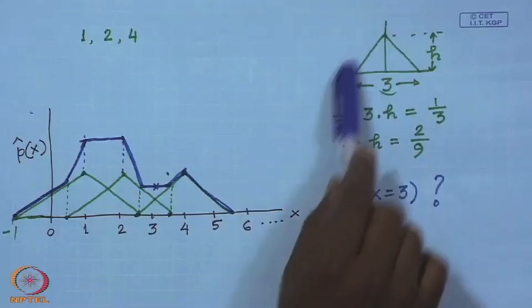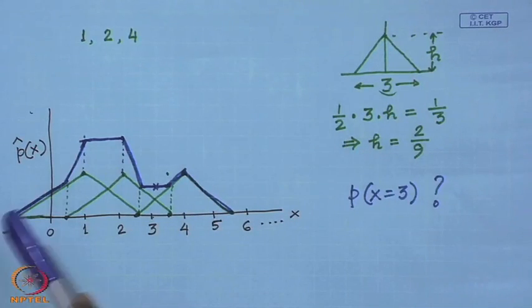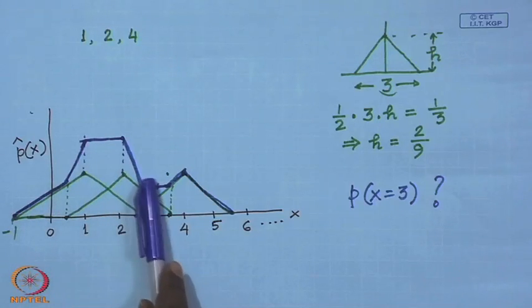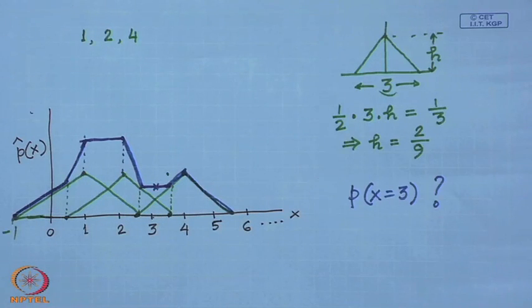If this pulse train is convolved with my triangular window, where the shape of the triangular window is defined over here, then I will get this same estimated probability density curve. So, this is nothing but a convolution operation.